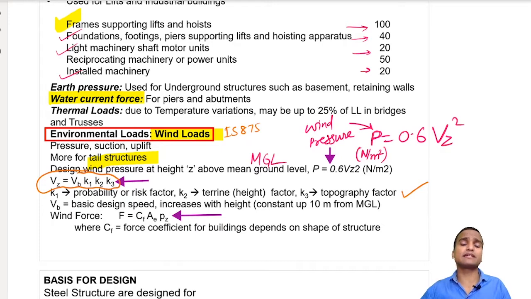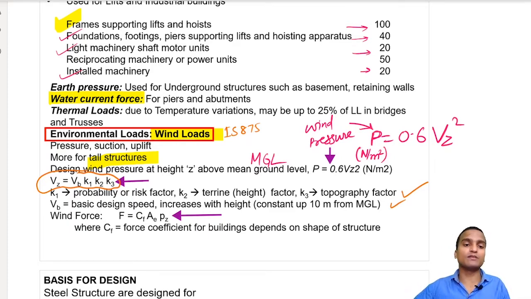Vb is the basic design wind speed, and the entire country India has been divided into different zones, and for different zones there are different speeds for different cities, and zones are laid down in that map as well as in the table.